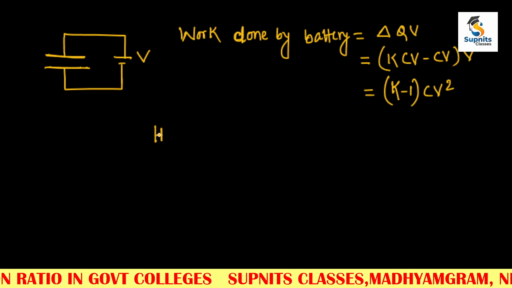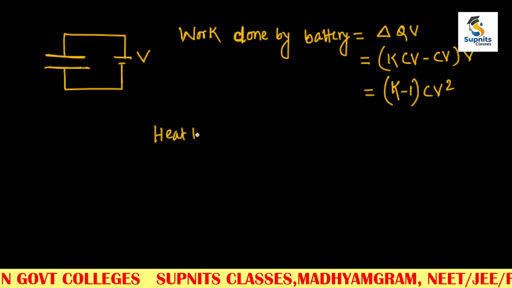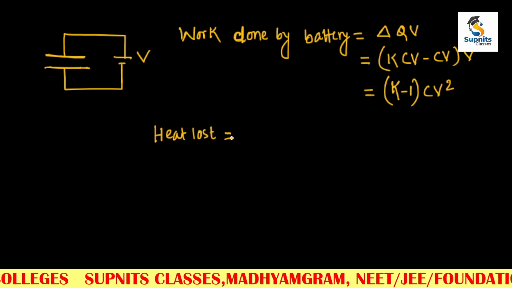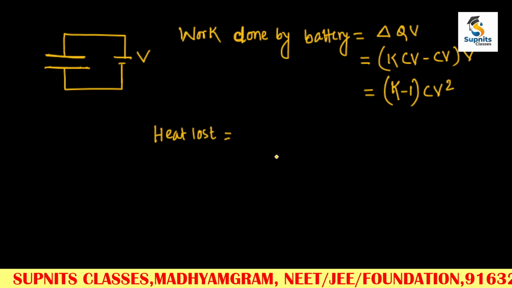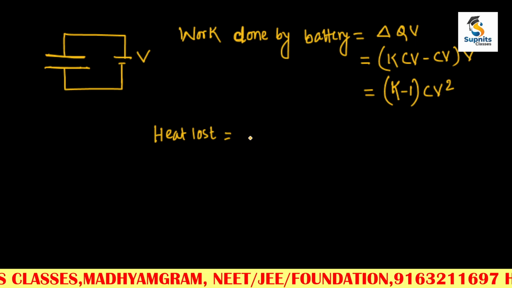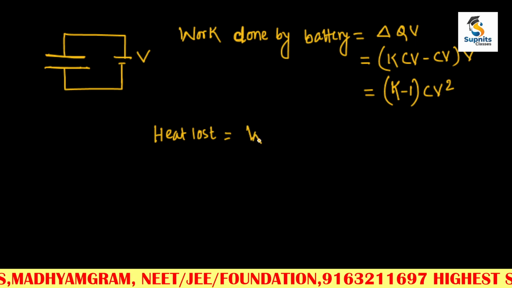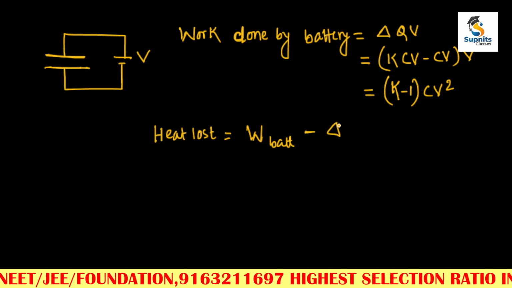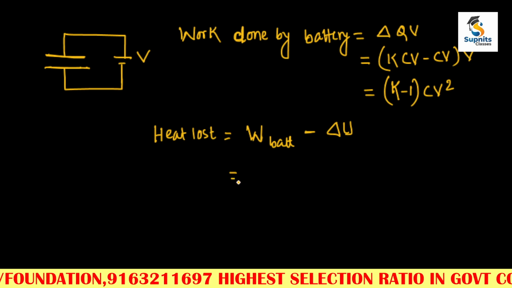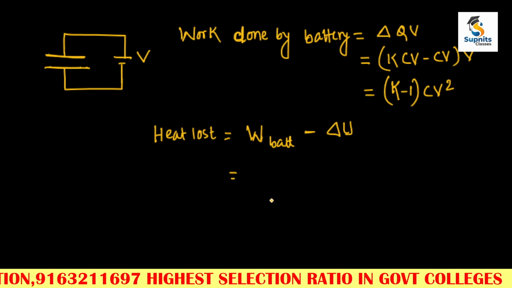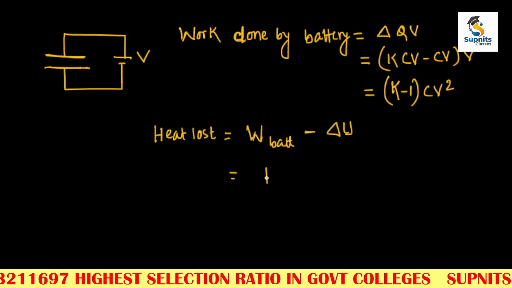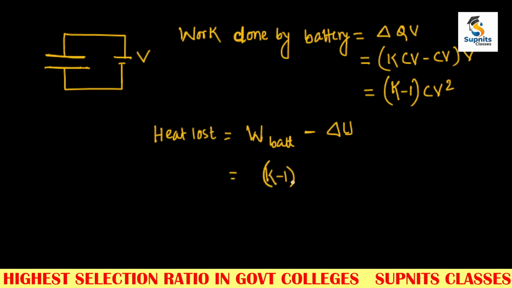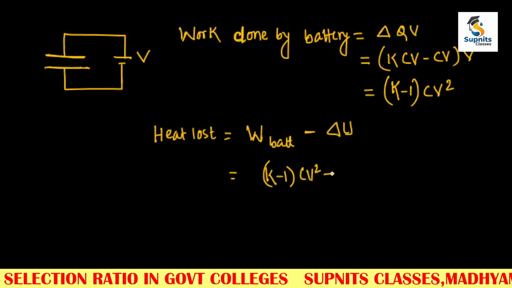Now if I want to find out what is the heat lost in this system, already done this many times, but you can again find it out. This is work done by the battery minus change in potential energy. So what is work done by the battery? Work done by the battery is K minus 1 CV square. And what is change in potential energy?